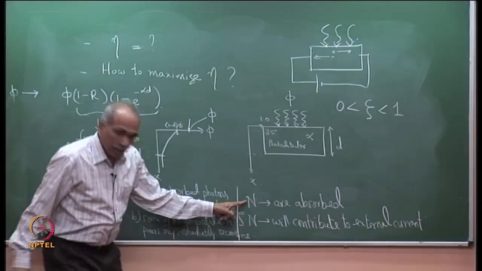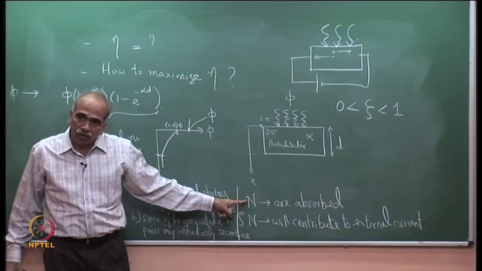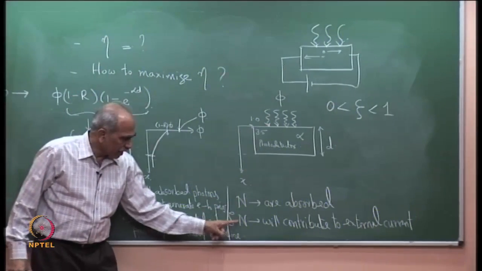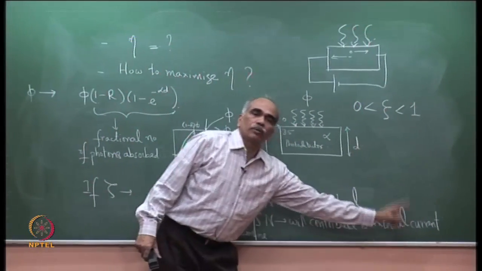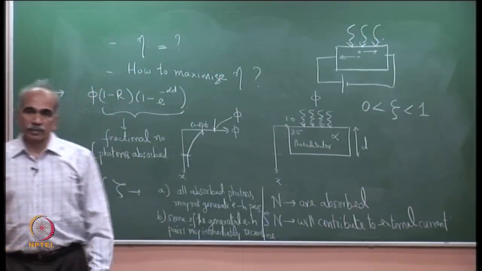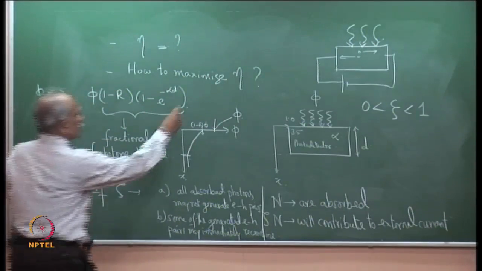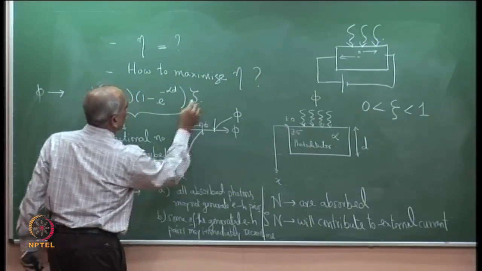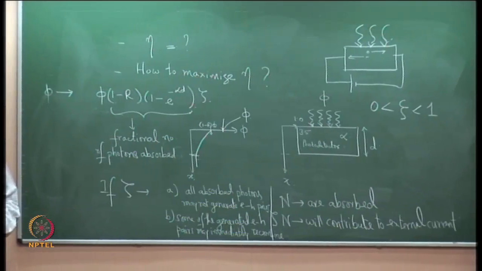If n photons are absorbed, zeta times n will only contribute to the current. Therefore, this needs to be multiplied by a factor zeta. That is all.